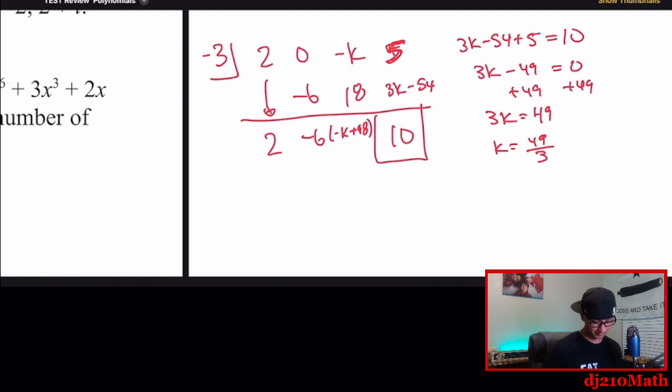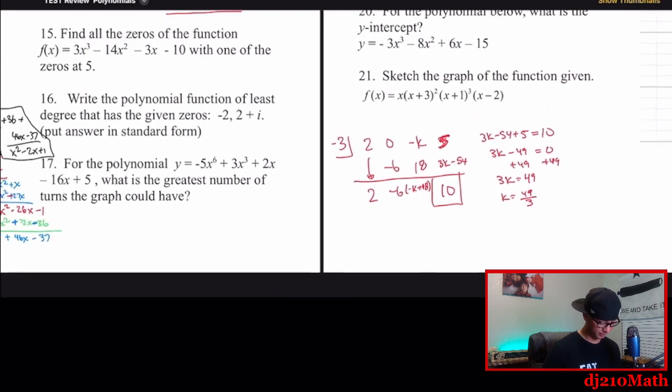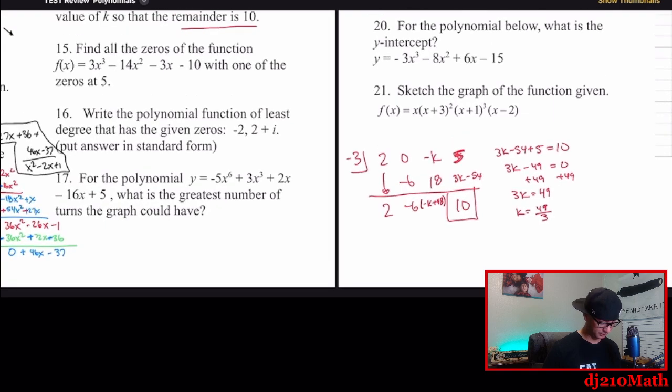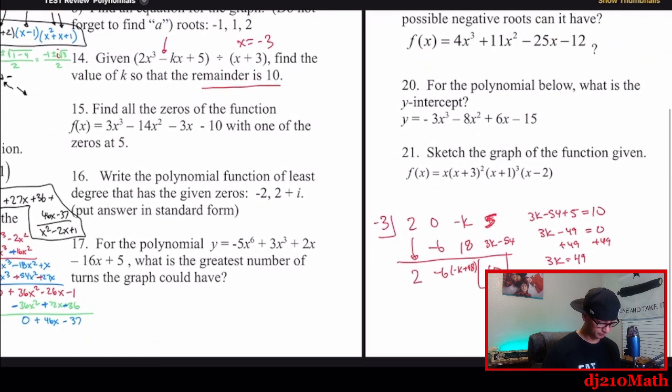Just doesn't seem right. Doesn't seem right, but we have to trust it. Okay, so let's just double check. 2x, 0x squared, negative k, x to the 1, plus 5.